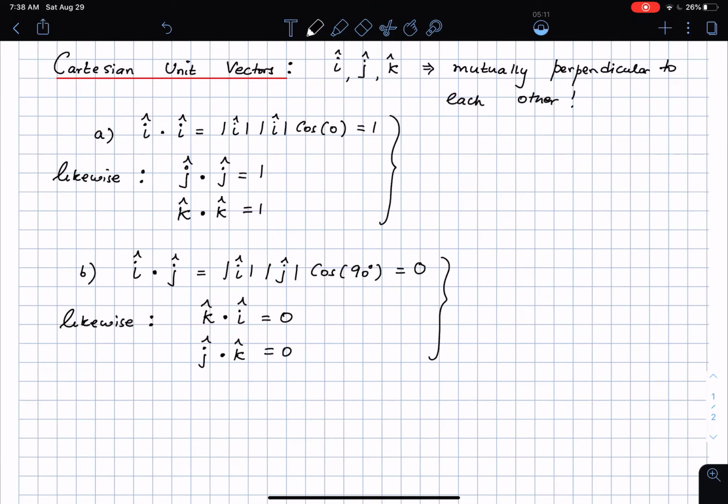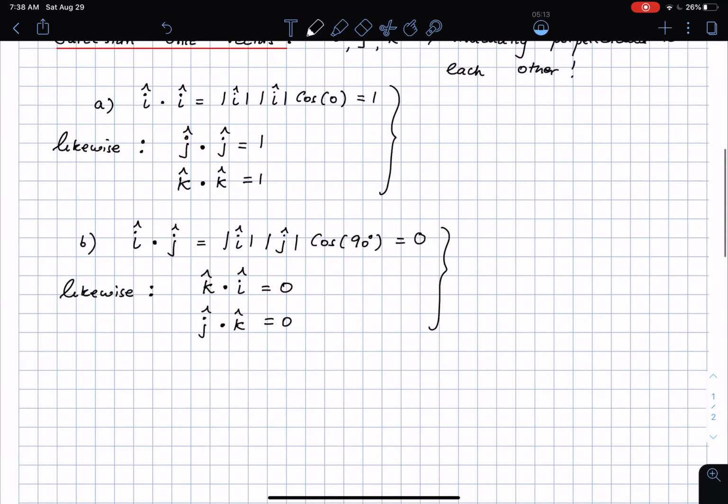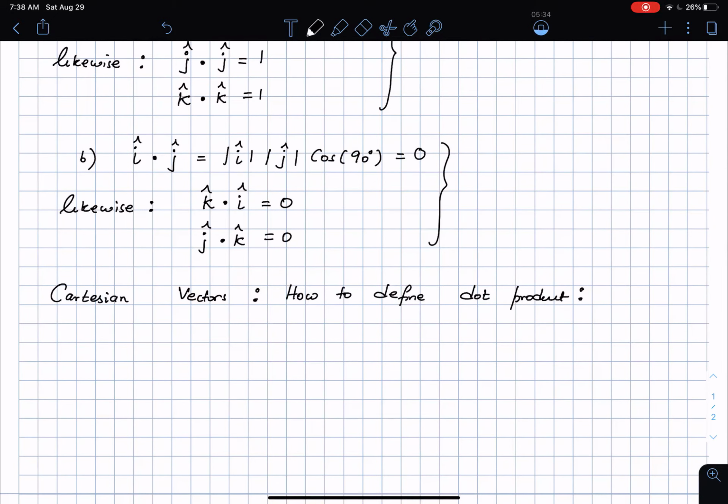Which means that if I take the Cartesian dot product, how do we define it? Let's call a vector f1, with some component in the x direction, some component in the y direction, some component in the z direction.